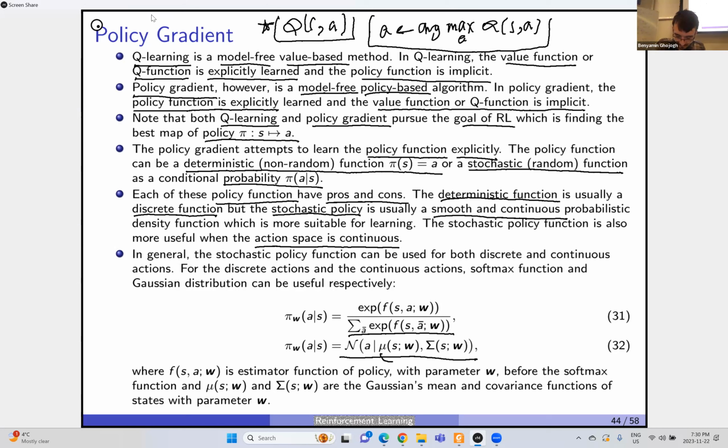By the way, this is the mean of the Gaussian distribution, and this is the covariance of the Gaussian distribution. As you see, they are all functions of W. W are the parameters of this policy. If I estimate my policy by a neural network, this W becomes the weights of the neural network.